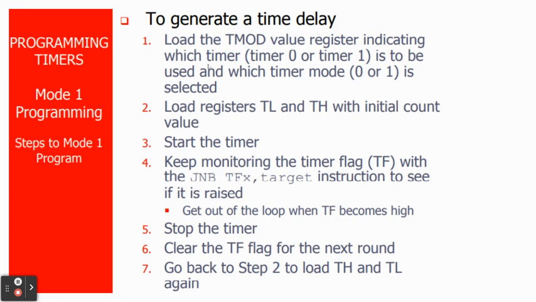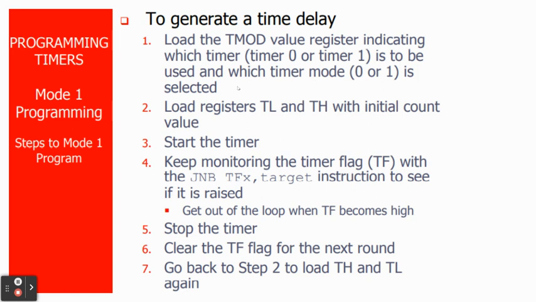Now, to generate a time delay, what are the steps? This is for a mode 1 program. First, we load the TMOD value register, indicating which timer, whether timer 0 or timer 1, is to be used and which timer mode, 0 or 1, is selected.